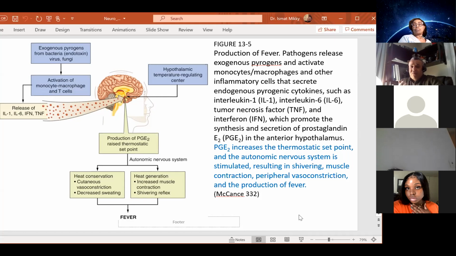We have many types of prostaglandin; prostaglandin PGE2 is one of them. That increases the thermostatic set point, and that results in production of fever.